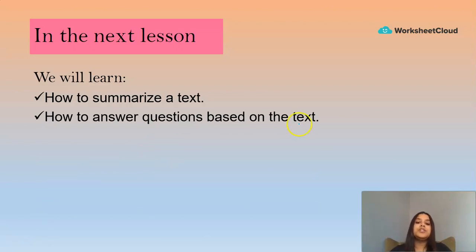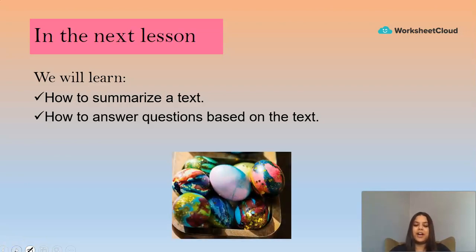We're going to answer questions based on the text. I'm going to give you some questions about the story, and we're going to learn how to answer those questions, because sometimes it isn't that we don't know the answer, but we don't know how to do it. So we're going to focus on that in our next lesson. And there at the bottom I included the eggs. Those are the two things we're going to focus on in the next lesson based on this story.